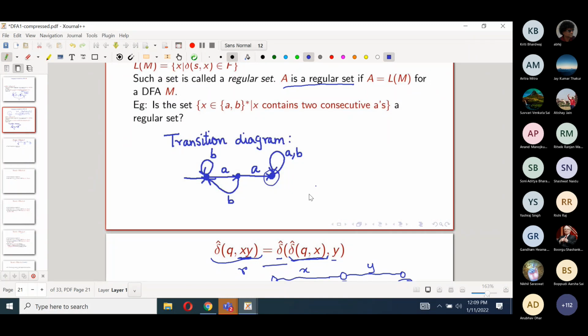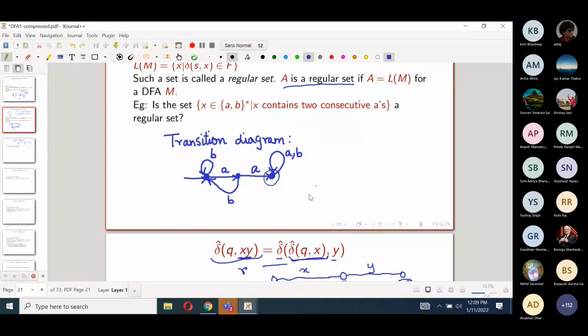Ma'am, can a DFA have more than one final state? Yes. In the definition of DFA, what did we say? The final states were a subset of the set Q, or possibly the entire set Q. It is possible that the entire set Q is F. Can you quickly tell me what will happen if all the states are final states?